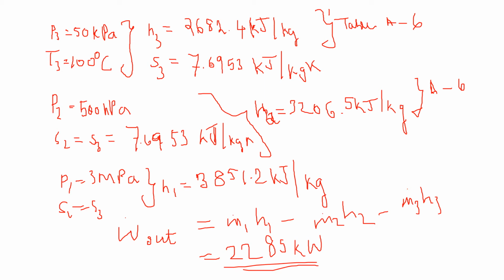So like I told you, these are the things you just need to remember, or you need to figure out from the question. The most important thing was this is an isentropic process. That's why we found that S3 is equal to S2 is equal to S1. Okay, this happened only because it's an isentropic process.